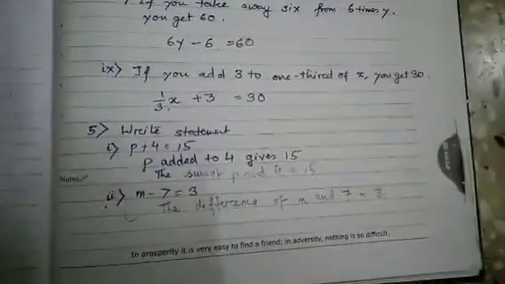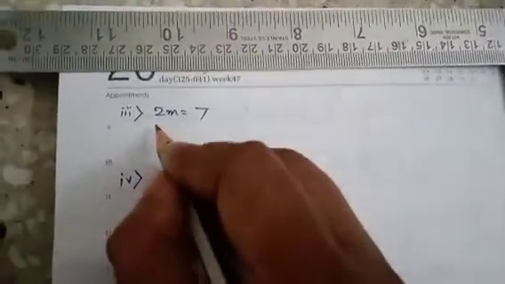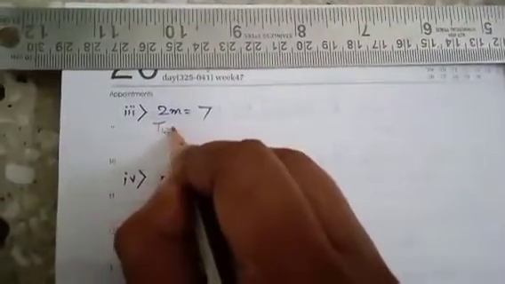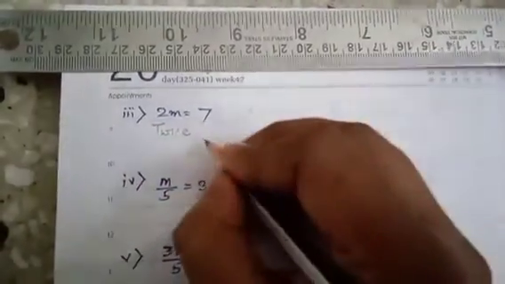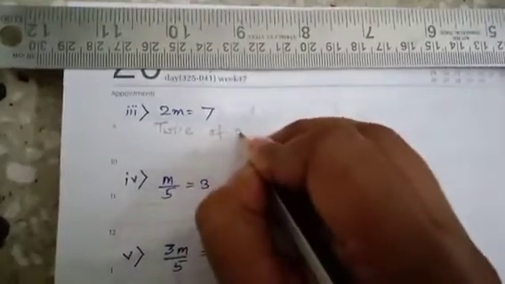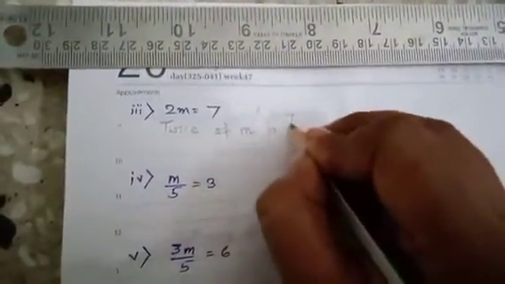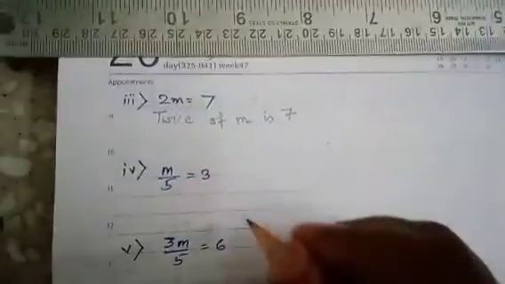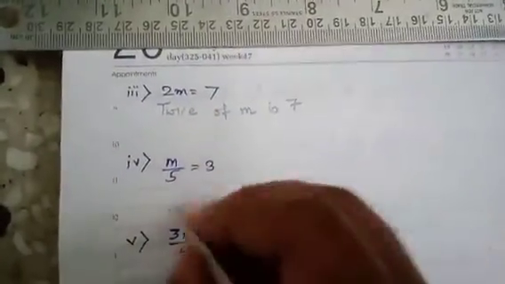Okay. Next. So here 2m is equal to 7, right? So here we have 2m is equal to 7. So I can always write twice of m is 7. I can write this. m by 5 is equal to 3.